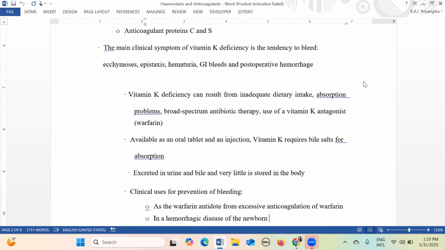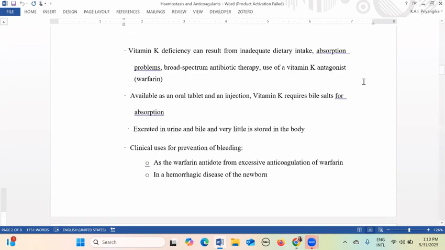So when you give lipid soluble vitamins, there should be some aids for absorption, like bile salts naturally. It is excreted in urine and bile, and very little is stored in the body.